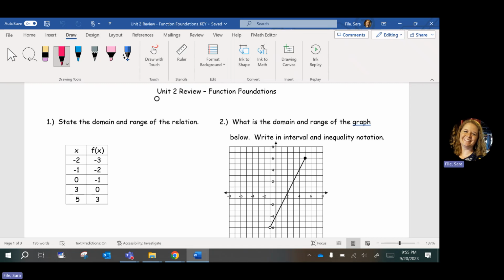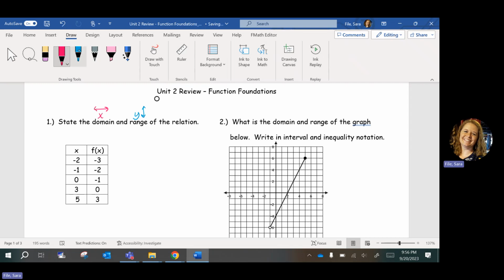Because we need to remember that domain is our x's and range is our y's, or f of x's. Range is vertical, domain is horizontal.